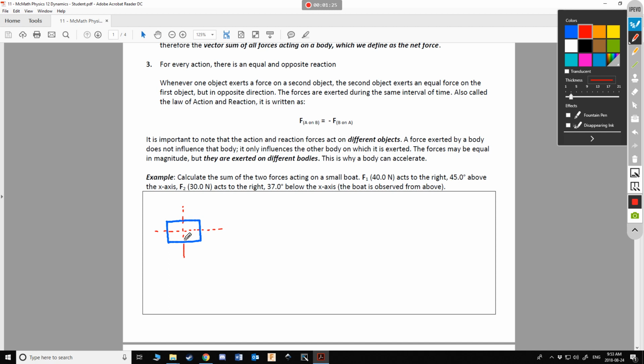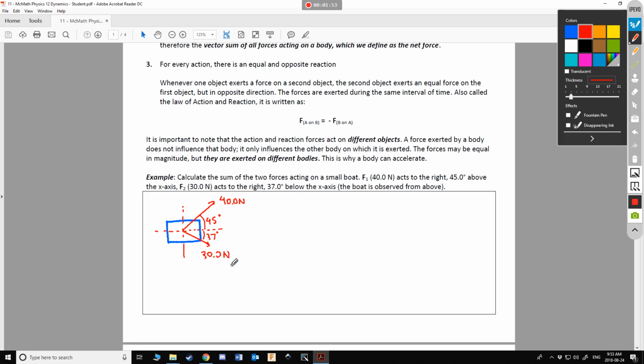Acting on this, I have a force, F1, acting at an angle 45 degrees above the x-axis. So here's some 40.0 newtons. And I have a second force, which is 37 degrees below the x-axis. And that one is 30.0 newtons.